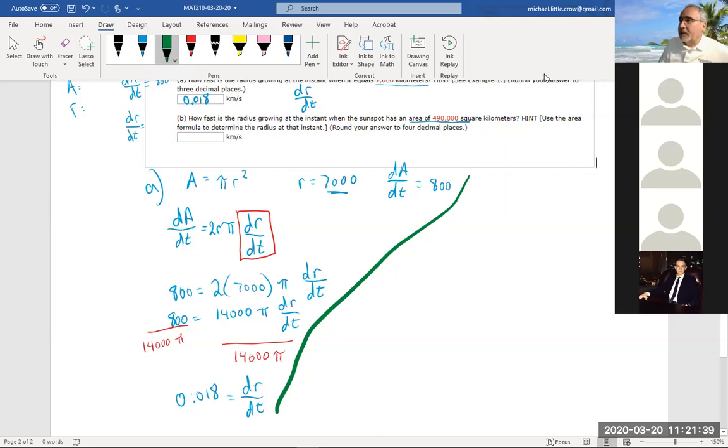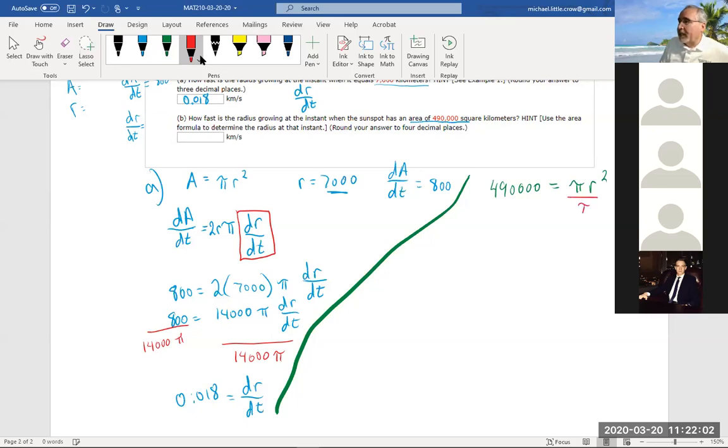So we're going to use the area formula to find the radius first. 490,000 is equal to pi r squared. And then once we've got the r, it'll follow through here.